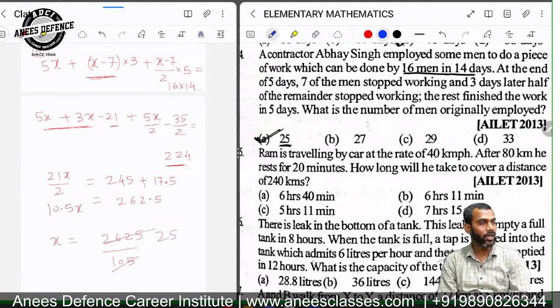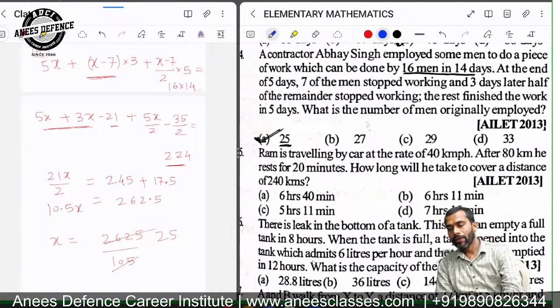They work for 3 more days, and then half of them left the work. So the remaining are (x minus 7) by 2, and these remaining people finish the remaining work in 5 days. So we multiply it by 5, equal to the total work. Now we find the value of x. So x is 25. Is it clear?